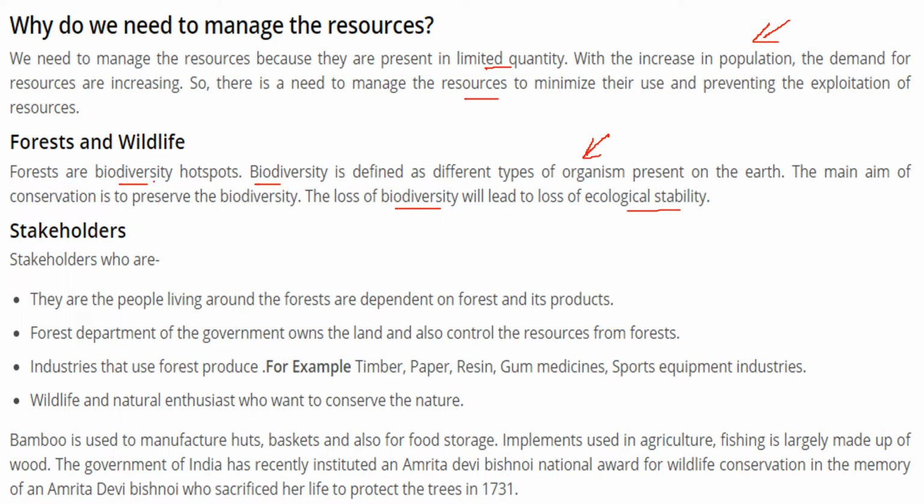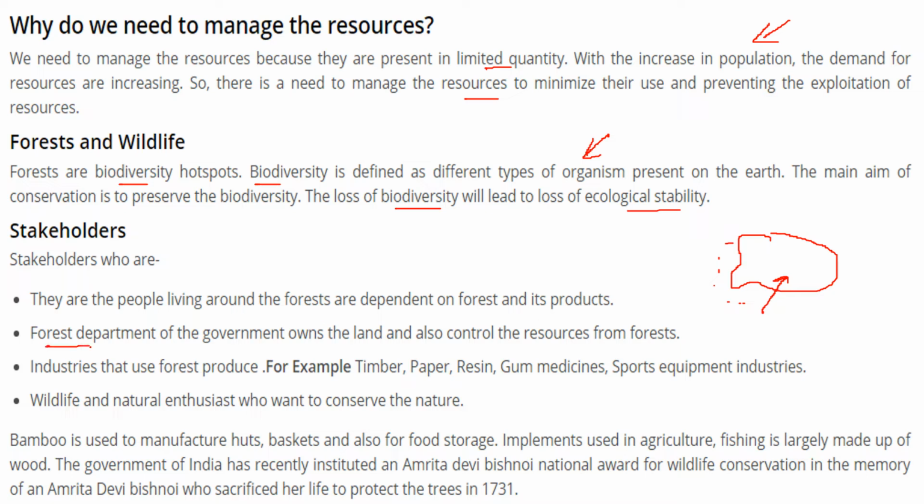So what are the stakeholders in this forest and wildlife? First, the people living around the forest who are dependent on this forest and its products, they are one of the stakeholders. The forest department, the government, owns the land and controls the resources from the forest.